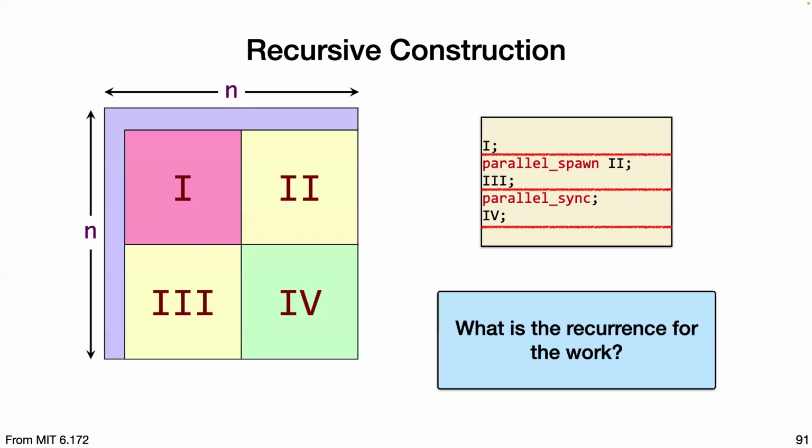Yes? Okay. What is the recurrence for the work? Remember that the side lengths are n. Yes. Oh, sorry. I meant in terms of T, but yes, the solution should be n squared.